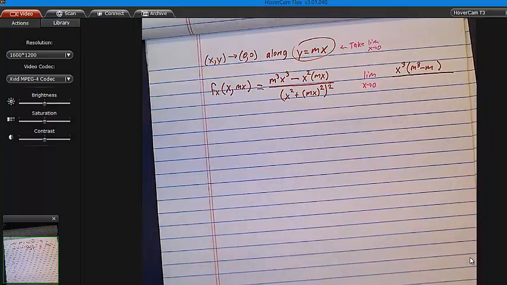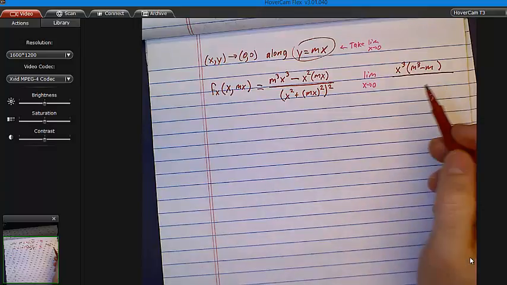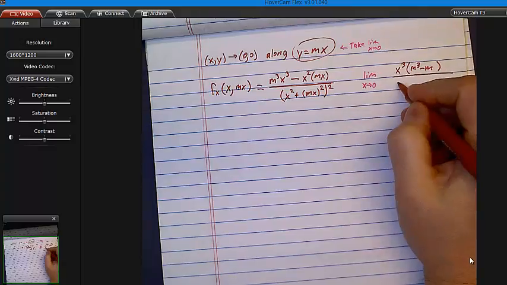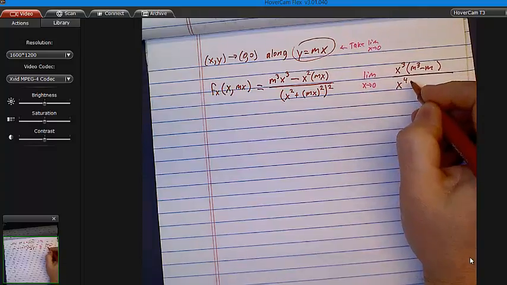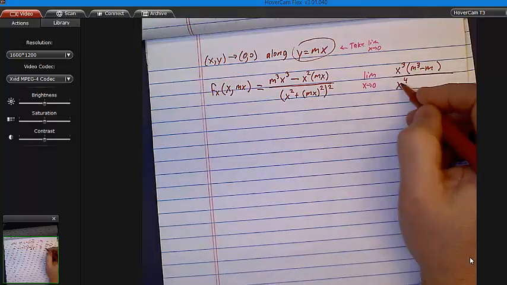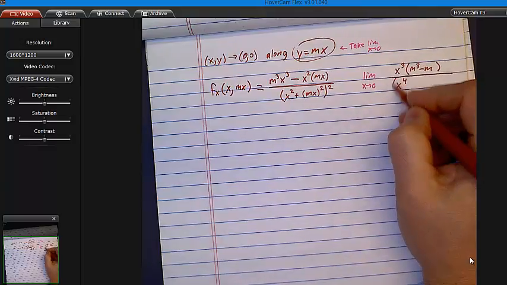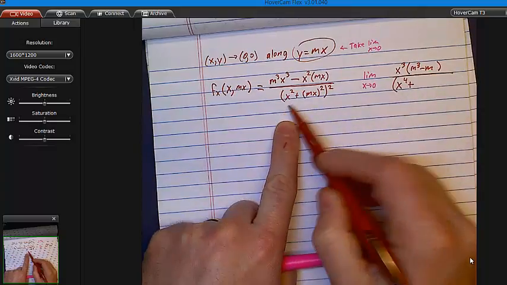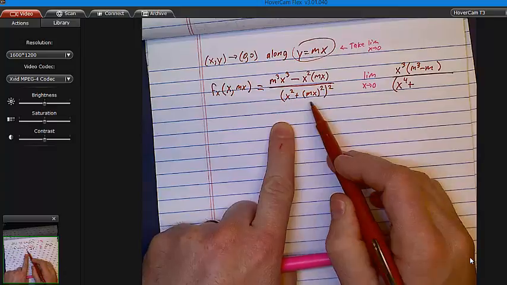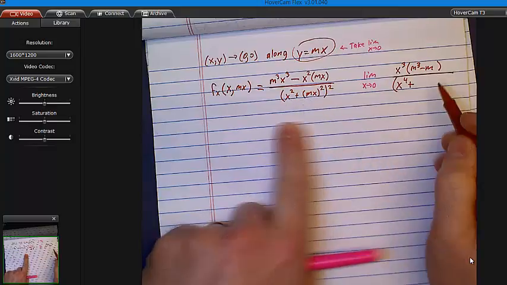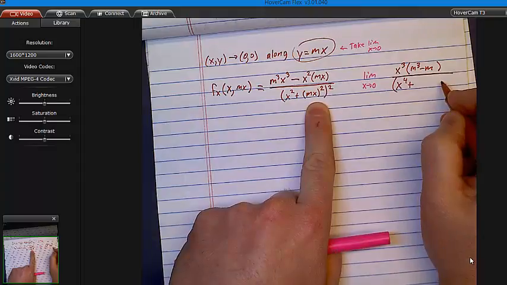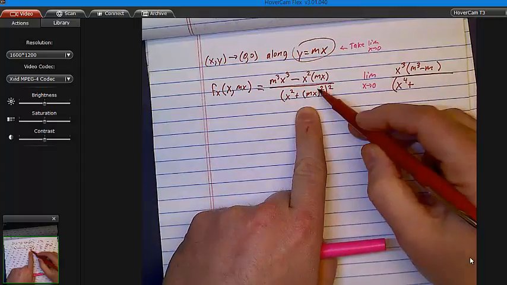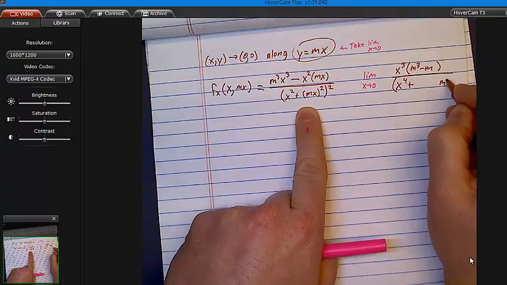Now the denominator, what's the greatest common factor? I guess isn't it true that I can take out x to the 4th? Maybe that's too fast. Okay, let's go slower. x to the 4th plus, I'm squaring a binomial, so I square the first, and I have to square the last also. The last would be m squared squared, so it's m to the 4th x to the 4th.